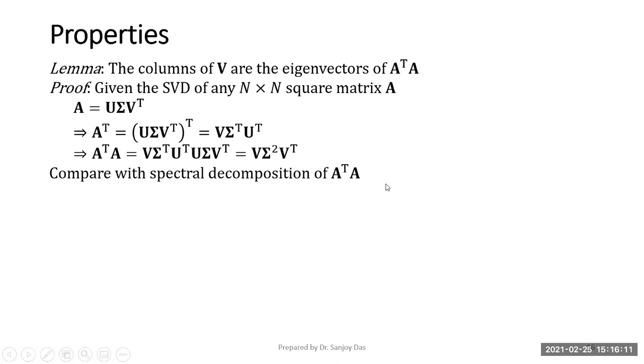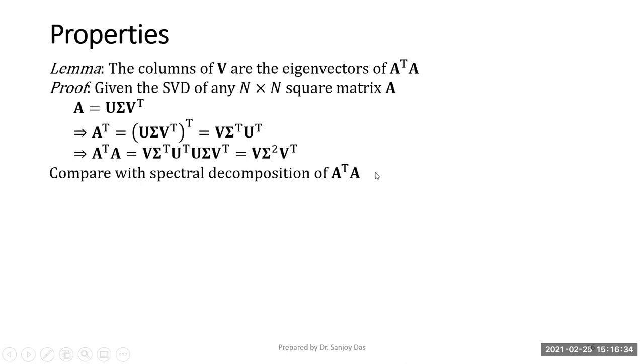From the spectral decomposition theorem, it would be of the form V lambda V transpose. That would be the spectral decomposition, or eigendecomposition, of this square matrix.